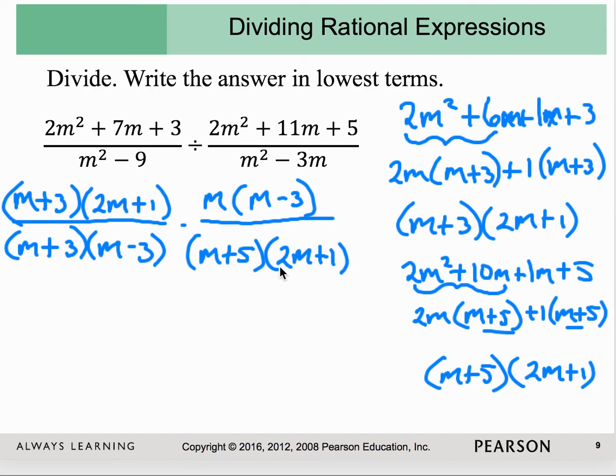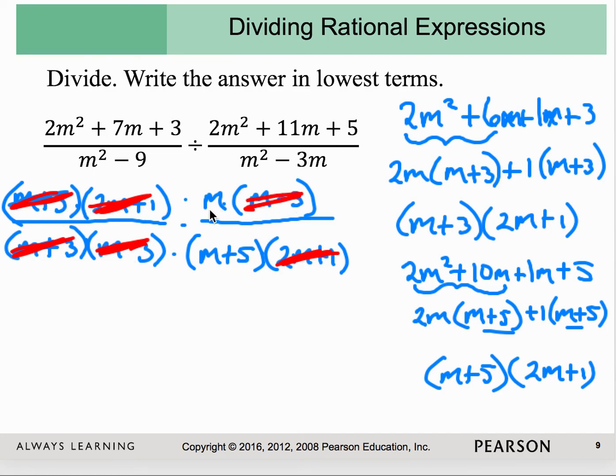Now notice, when and only when everything has a multiply between it, anything that's the same on top and bottom can divide out. Let's use a different color for emphasis. There's a 2m plus 1, there's a 2m plus 1, there's an m minus 3 and m minus 3.